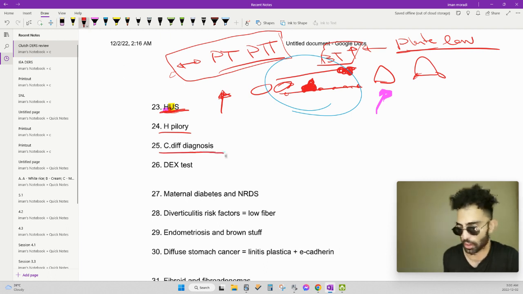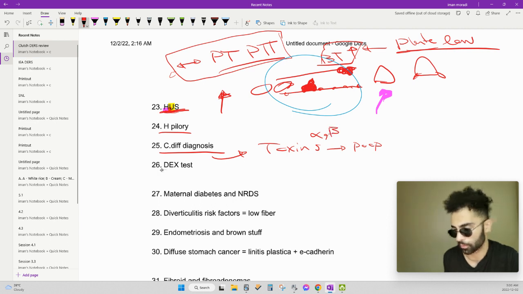C. diff. How do we diagnose this? We look for toxins in the poop. We look for the alpha or beta toxin.